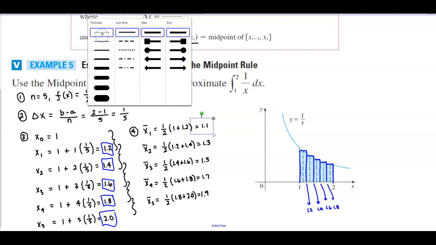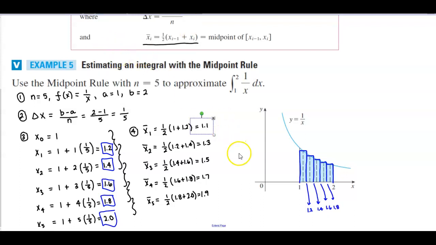Okay, so now we're going to take a look at the midpoints. The midpoints are what we want. So we have 1.1, 1.3, 1.5, 1.7, and 1.9. This midpoint represents 1.1. This midpoint here represents 1.3.